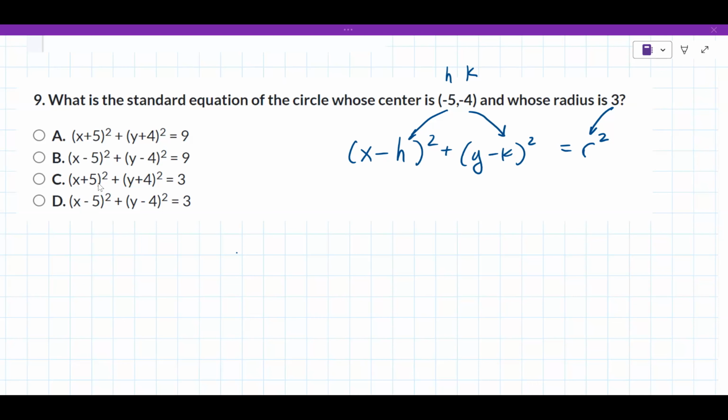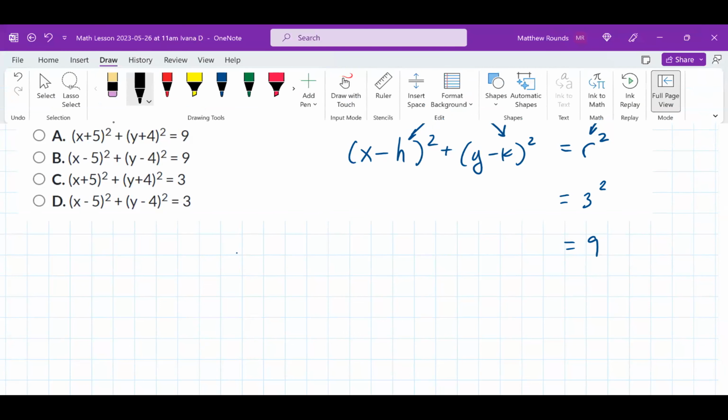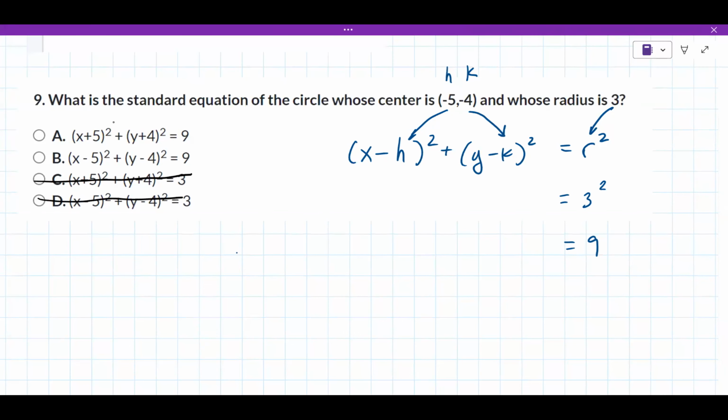D, you're going with D. Okay. So the problem with D is 3 squared is 9. So it's definitely not D. Oh, so then it would be B. Okay. I want you to graph B and verify that it has a center at -5, comma -4.